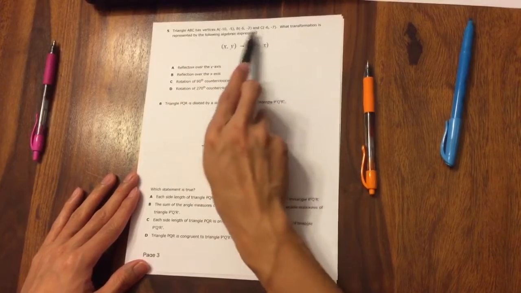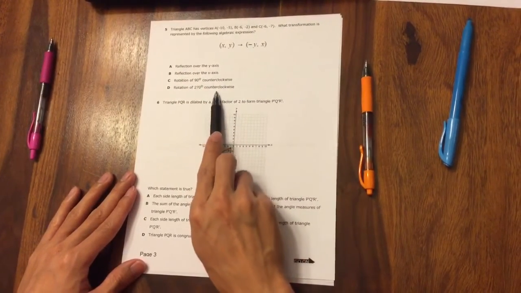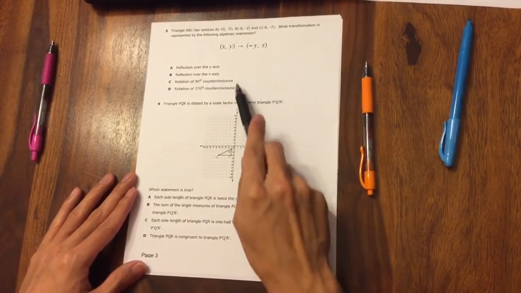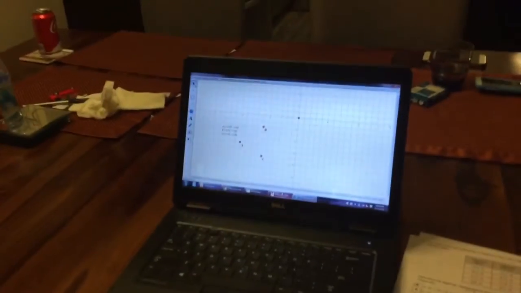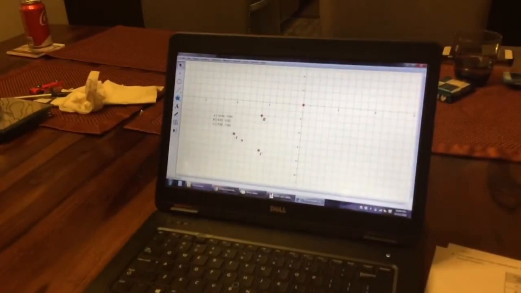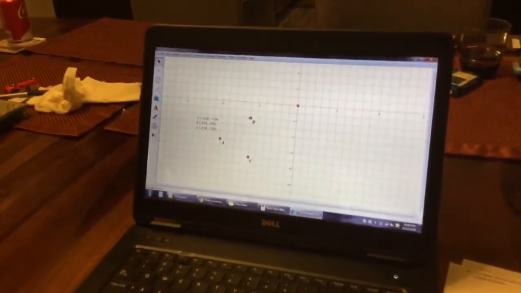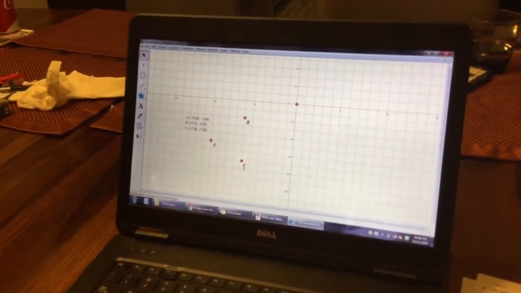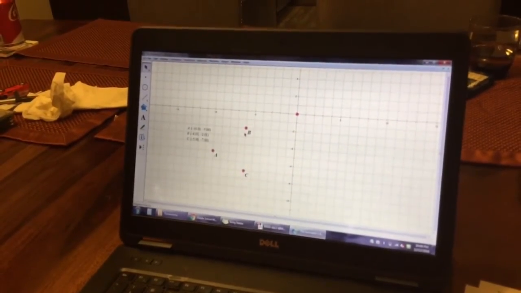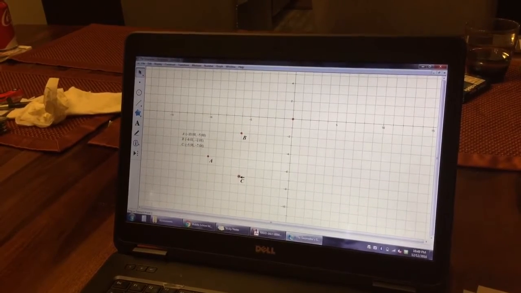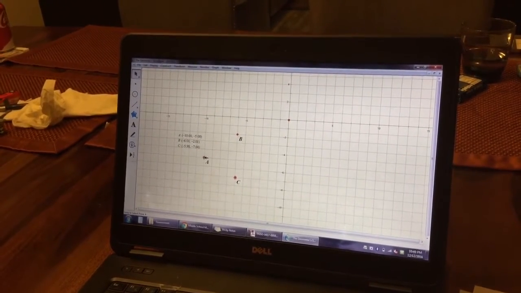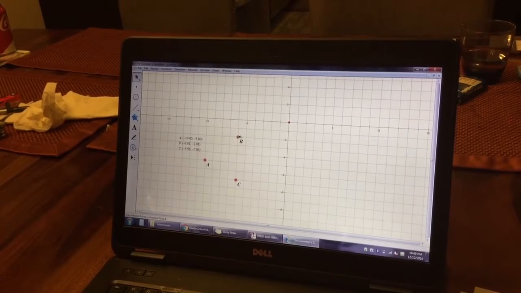In order to show you which one this would be, I went ahead and plotted this on a computer program. So please take a look at what happens to my graph on my computer. So here I have A, B, C. I'm going to take A, B, C. Let me go ahead and choose all those corners.